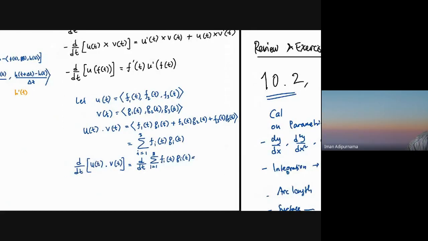We can move out the sum and just differentiate the inside, so we have the product rule inside the sum.